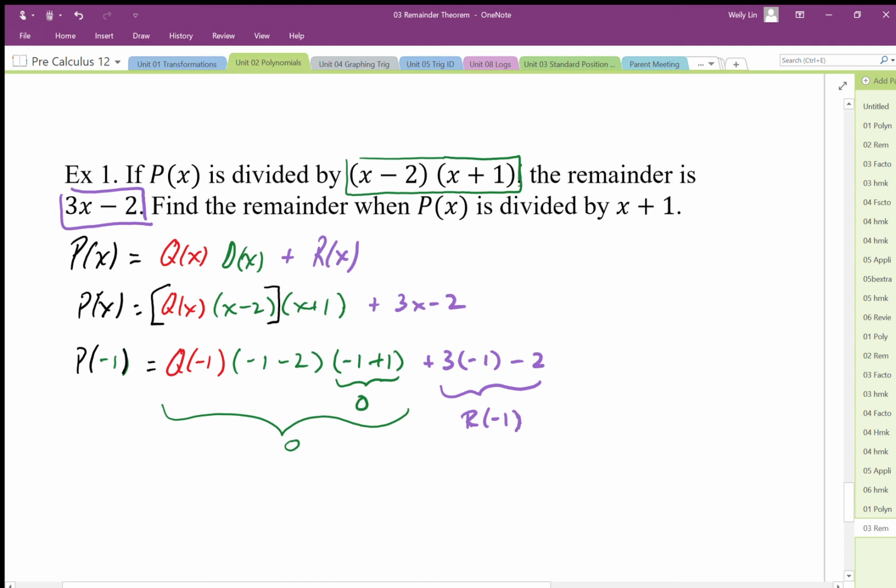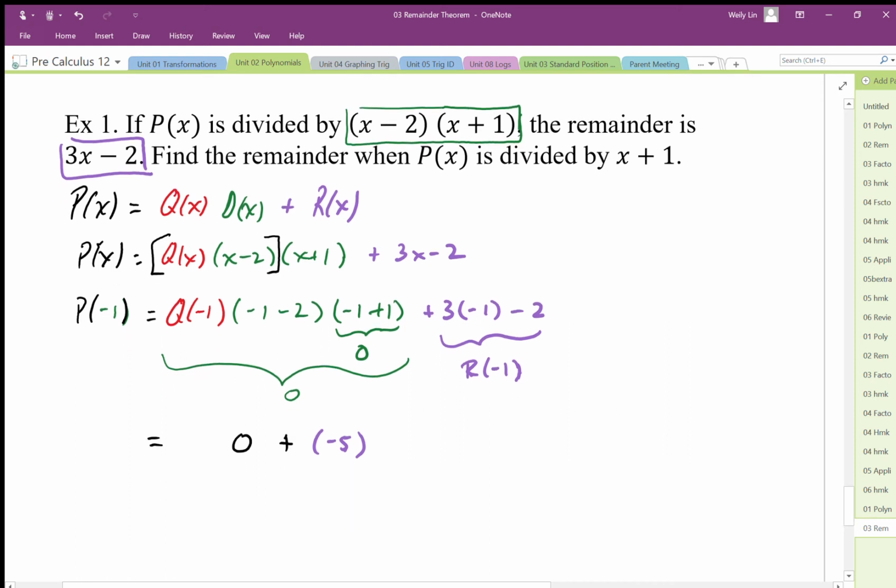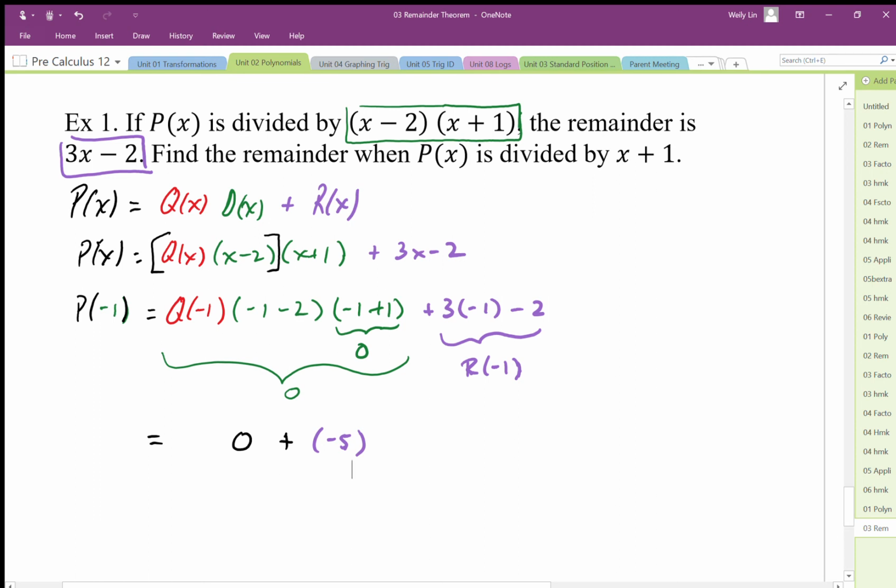So working that all out, this becomes 0 plus r of x, which works out to be 3 times negative 1 minus 2, which is negative 5. So when I divide by x plus 1 using the remainder theorem, my remainder should be negative 5. So that's one way we can do this. So this is the correct answer here.